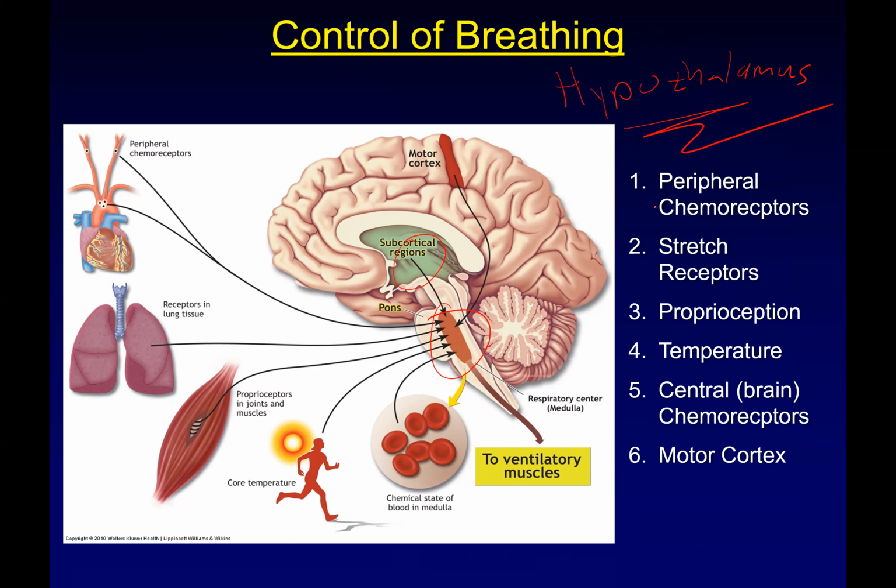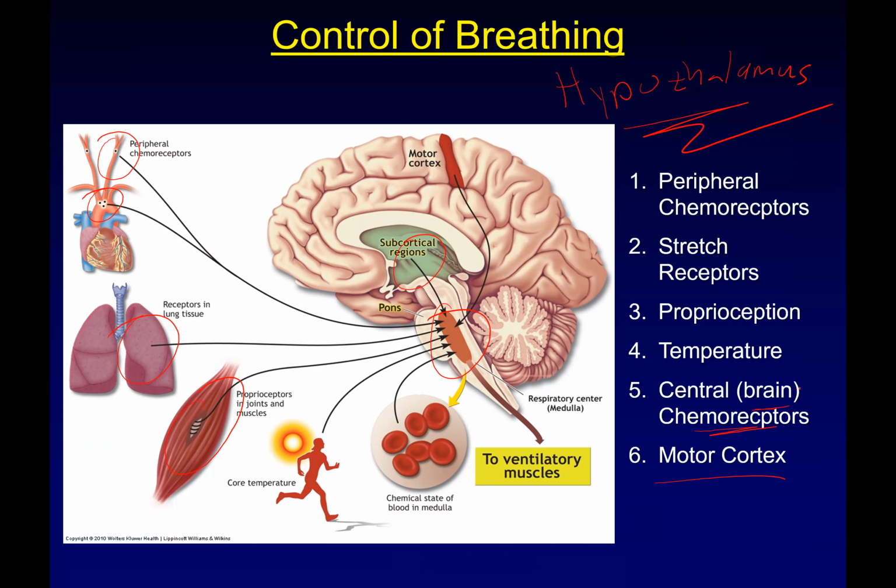But there's going to be input into the medulla from chemoreceptors, okay, that are going to be found here in the carotid arteries and in the aorta. You're going to have stretch receptors in the lungs. We're going to have proprioceptors out in muscle tissues, okay? And then some other issues with firing from the motor cortex and some central brain-related chemoreceptors.